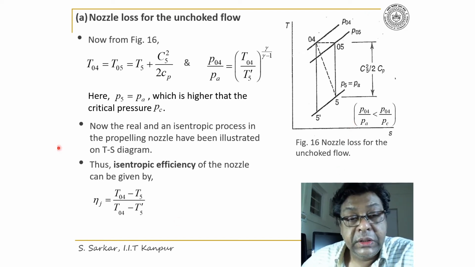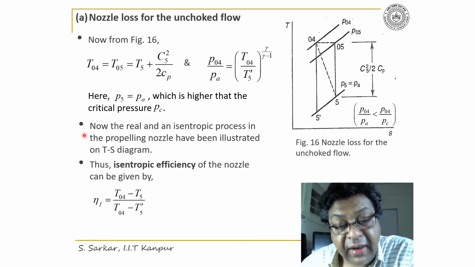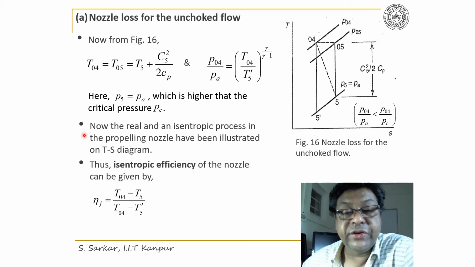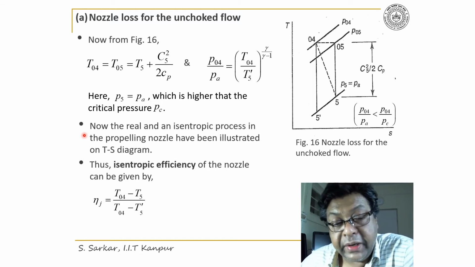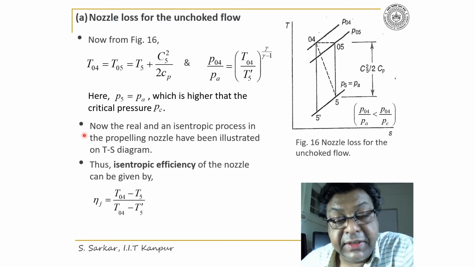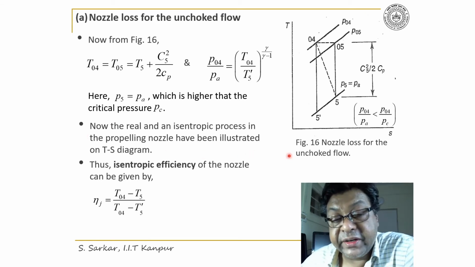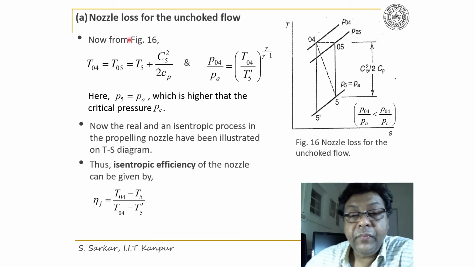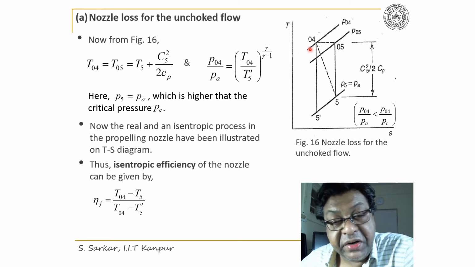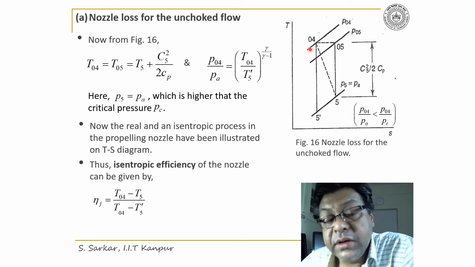Now, the real and isentropic expansion of gas occurring in the propelling nozzle has been illustrated in the T-S diagram by figure 16, where P04 and T04 are the pressure and temperature at the exit of the turbine.